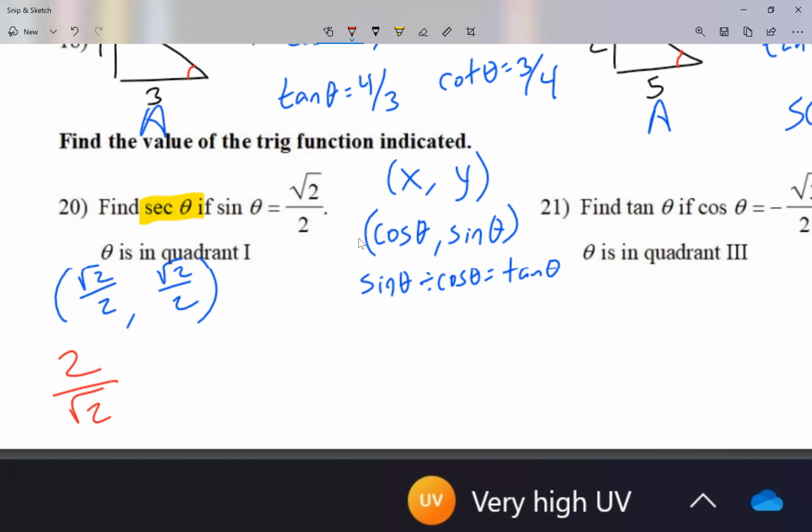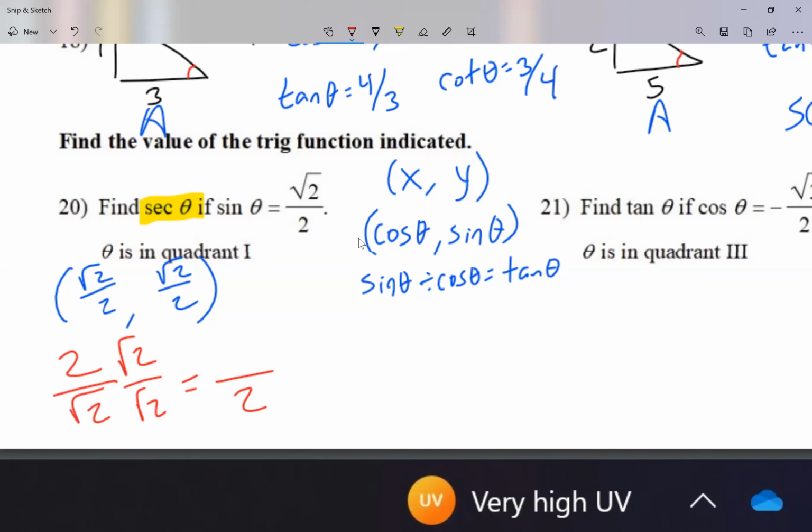The only thing is that it has to be rationalized, with no radicals at the bottom. There's a radical 2 at the bottom, so let me multiply top and bottom by radical 2, because then at the bottom I'm just going to have a 2. That's what I want.